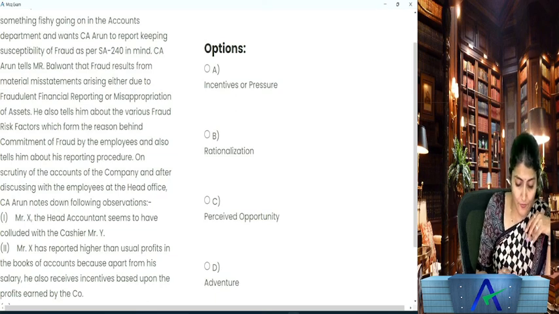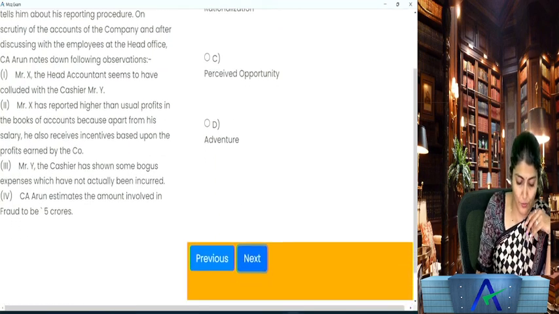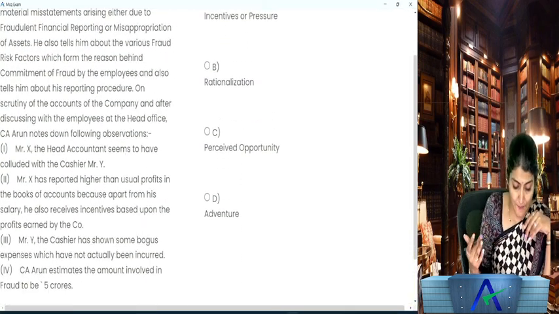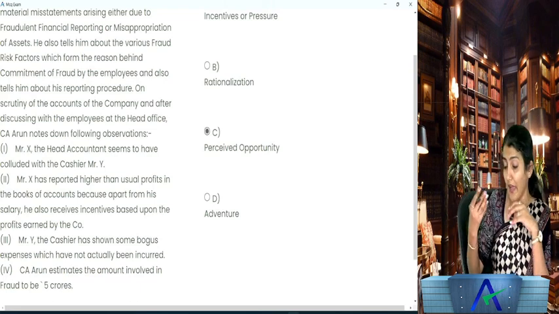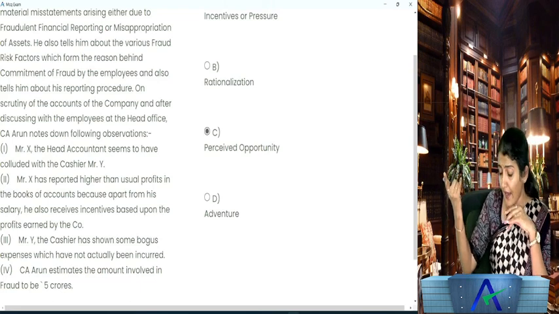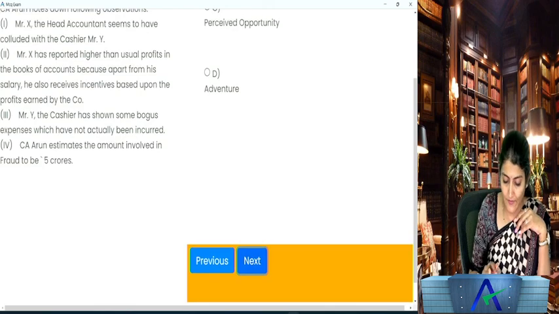And on scrutiny of the accounts and after discussion you come to know these are the frauds being committed. So is there an incentive pressure, or a rationalization, or an opportunity? There has to be an opportunity.